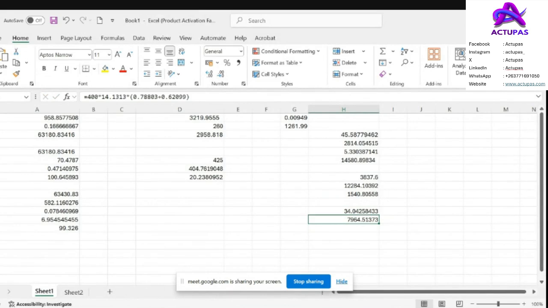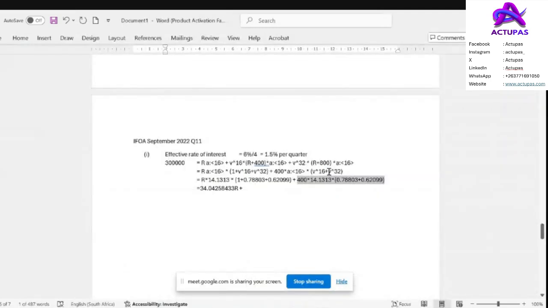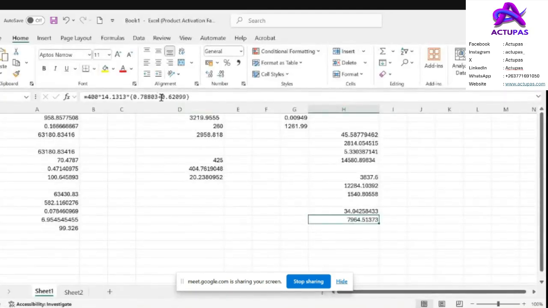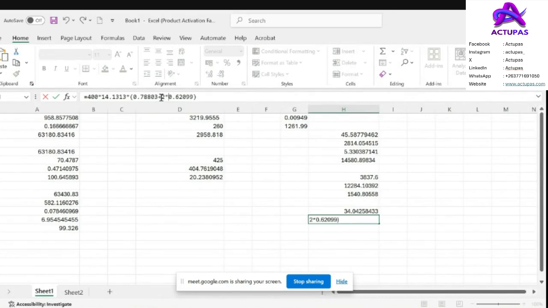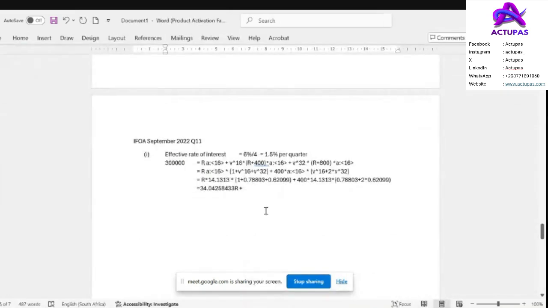Let's see, this is 400 plus 14. Okay, I left out something here. This is 800. In this part, this is 800. So we go here, we then say 2 times. And we get our 11,474.